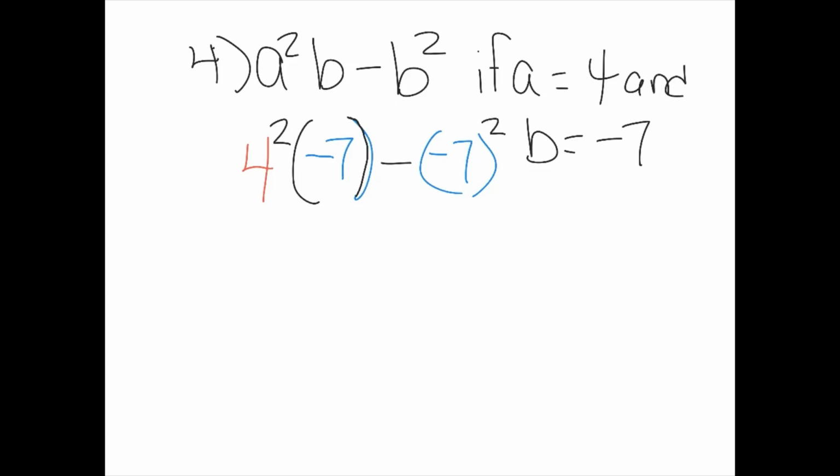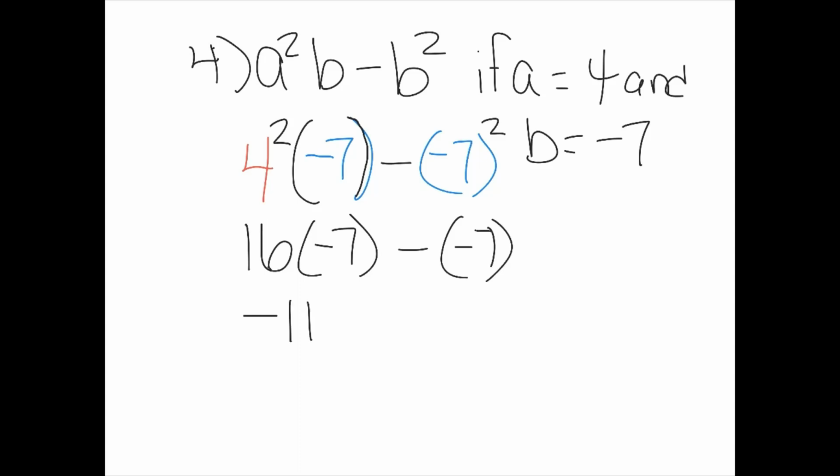Now all we're going to do is simplify. 4 squared is 16, times negative 7, minus negative 7. 16 times negative 7 is negative 112. And minus negative 7: remember the rule for subtracting integers is to add the opposite, so it's going to be plus 7.